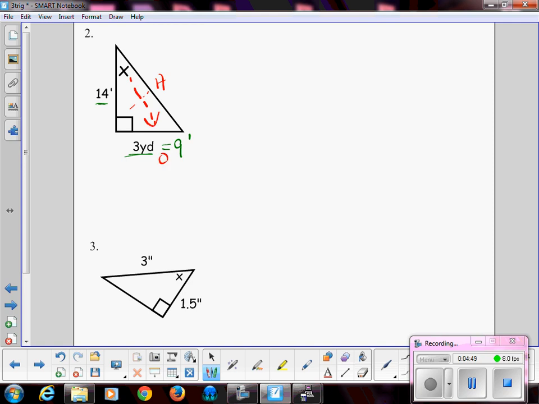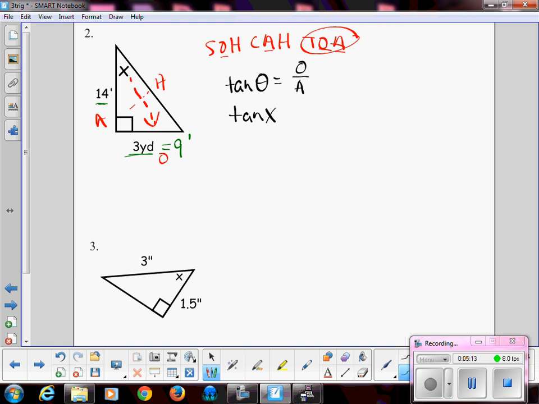So here's our opposite, and we have adjacent. So again, when I use SOHCAHTOA, if I need to use it, I can see that I have the opposite side and I have the adjacent. So you can see this time I'm going to use the tan ratio. So I have tan of theta equals opposite over adjacent, tan of x, because that's what we're finding.